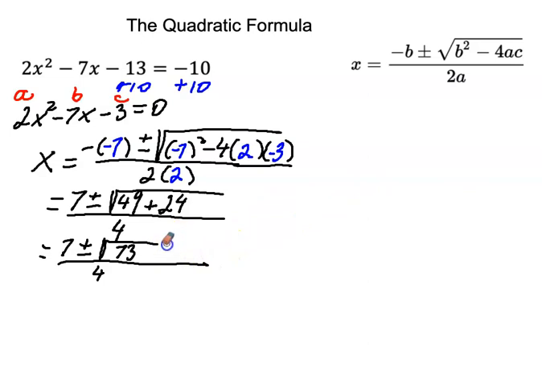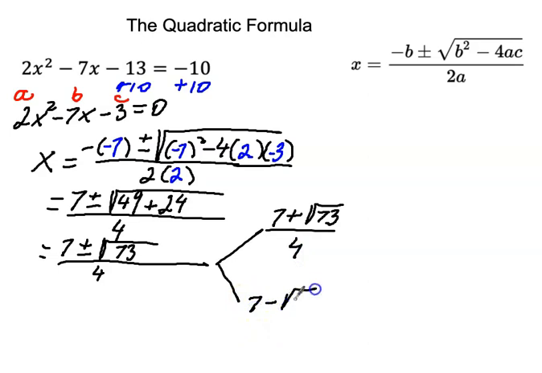So we're going to leave it in this form. At this point, we can split this into two different expressions, or roots. We have 7 plus the square root of 73 divided by 4, and then we have 7 minus the square root of 73 divided by 4. This plus and minus tells you that one answer is plus and one answer is minus.